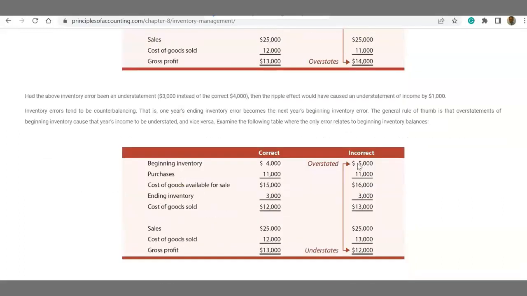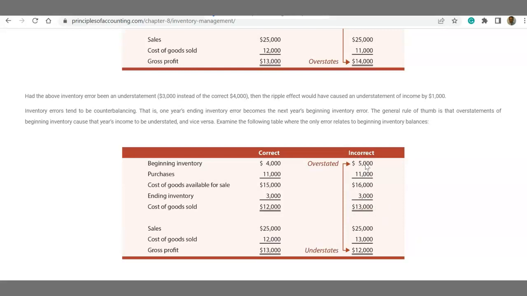Because of that overstatement, if you make no more mistakes, and purchases and ending inventory are properly calculated, then the cost of goods sold will be overstated, because the beginning inventory is high.